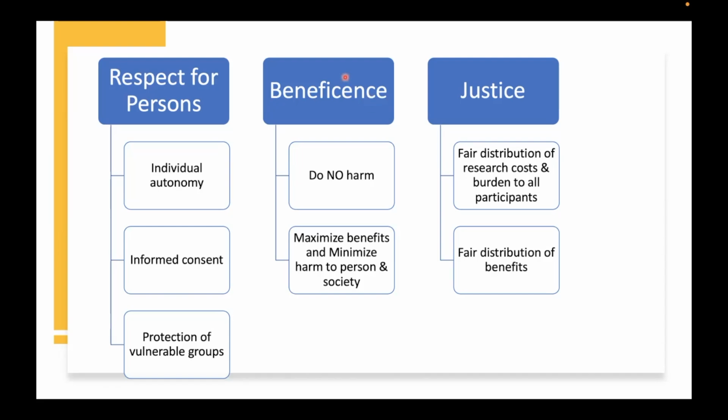Then comes the principle of beneficence, where, take note of this, do no harm. We have to maximize benefits and minimize harm, not only to persons, but as well as to society. So please take note of that.